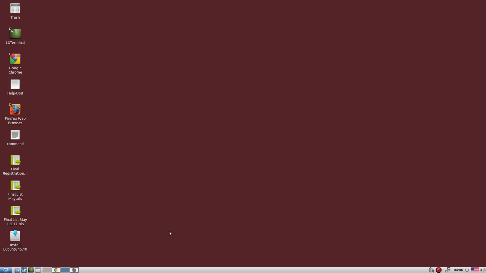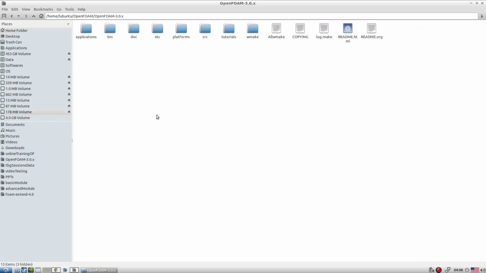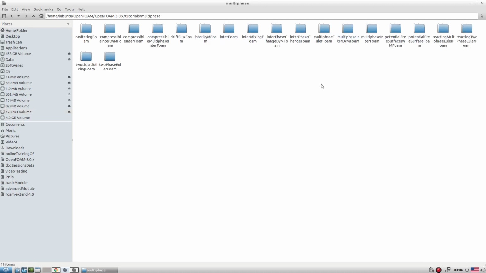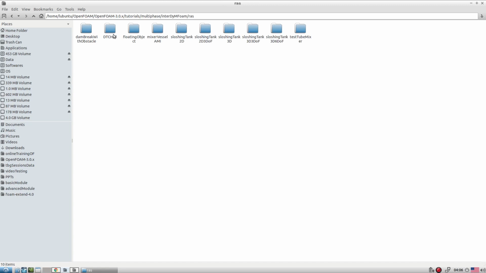One more last thing, if you are interested in a few more tutorials, go to the release version tutorial area, multiphase flow. Whatever the multiphase flow, all the solver options are available for each and every case. You will see all different classes of tutorials. In the RAS modeling, this is exactly the DTC hull I just showed you.